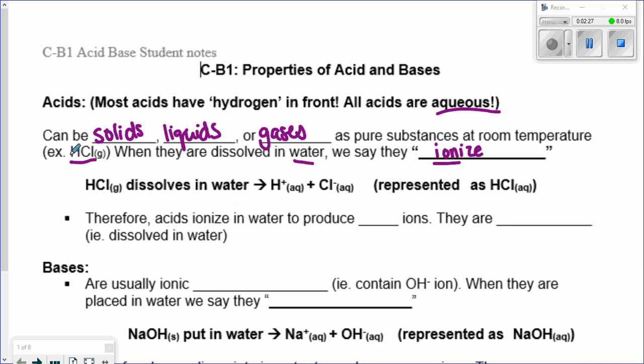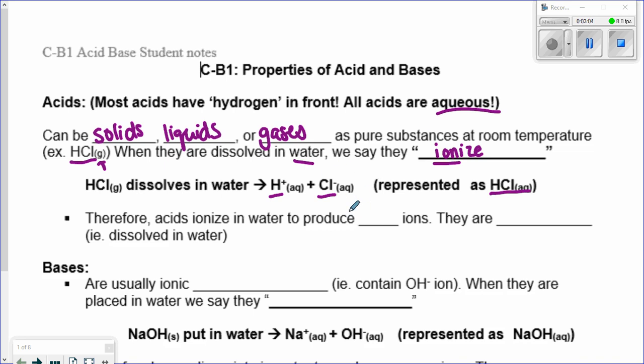So when hydrogen chloride gas, that's what this little g means here, dissolves in water, it produces hydrogen ions, H positive, and chloride ions. Chloride is Cl with a 1 minus charge. That's represented as HCl aqueous. So we don't say that it produced H plus and Cl minus, but we say that it is represented as hydrogen chloride aqueous. Aqueous again means that it's dissolved in water.